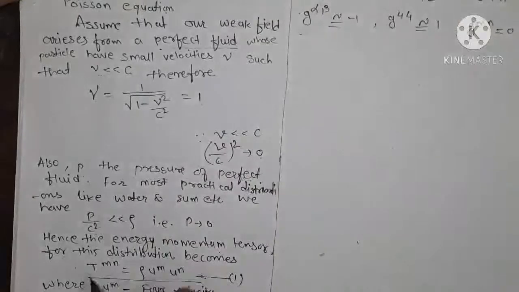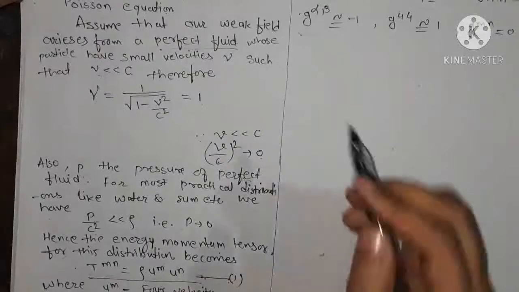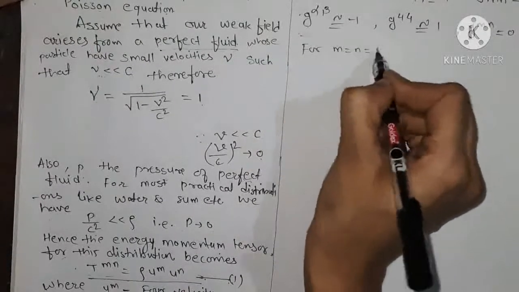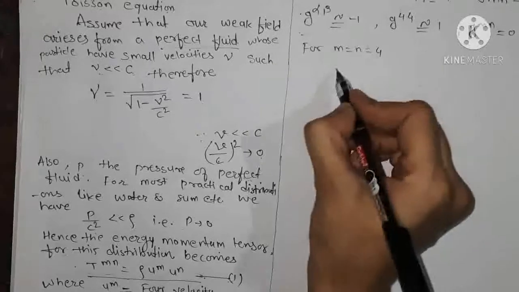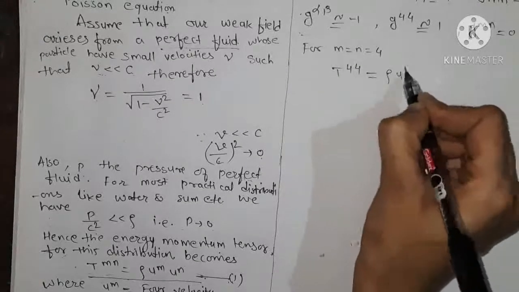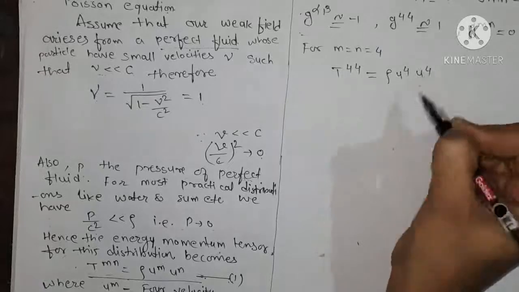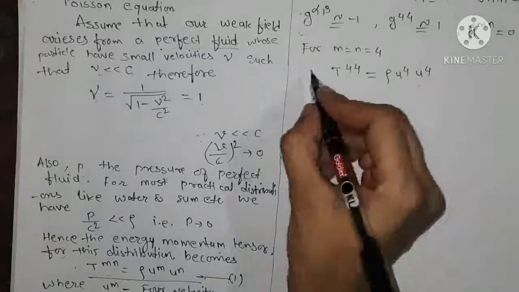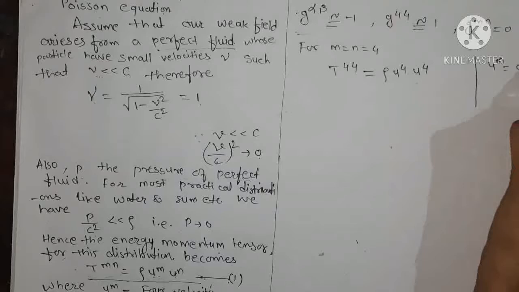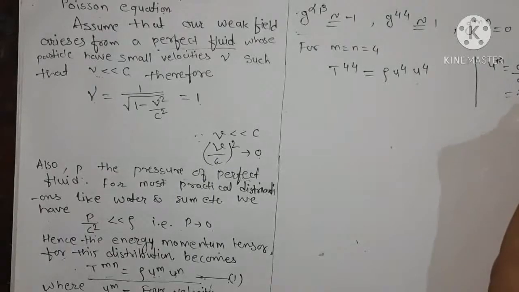So we write the energy momentum tensor in equation 1 for m equals n equals 4. Therefore T44 equals rho u4 into u4, because u m is nothing but dx m upon ds, that is, x dot m.